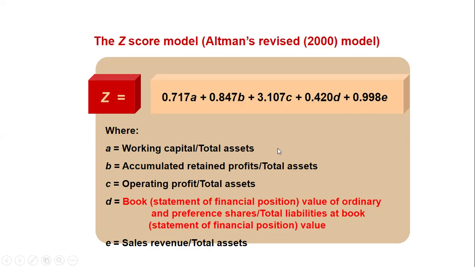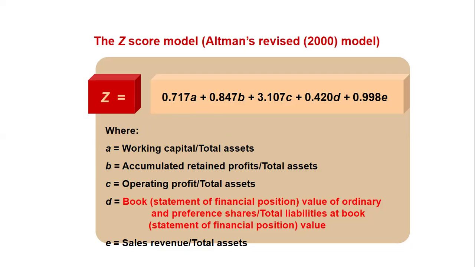So if you look at their weight, it should tell you that generally the sales to total assets ratio, how you're able to convert your assets into sales, is the most important thing when it comes to predicting whether an entity will fail or not.